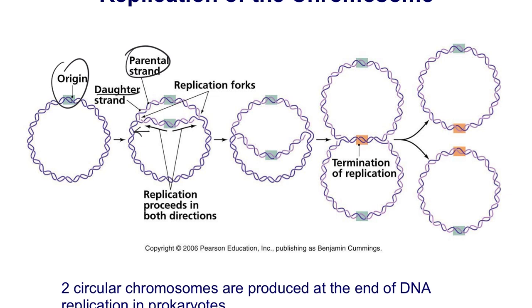It's called the daughter strand. This keeps on going until you get to the end, termination, and you get two rings of chromosomes, each one with half the parent and half the new DNA connected. Okay, so that's how the DNA replicates.